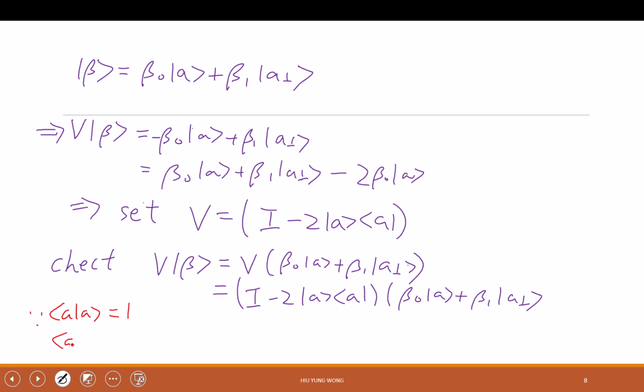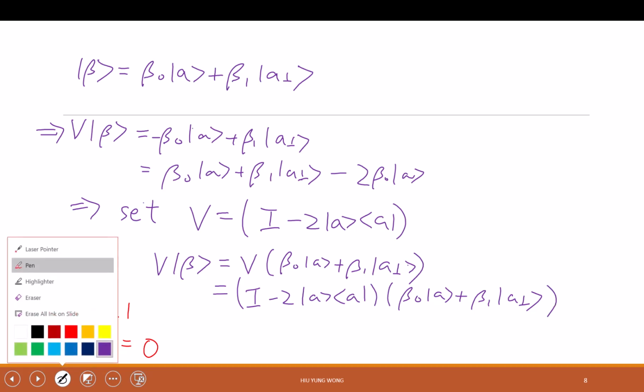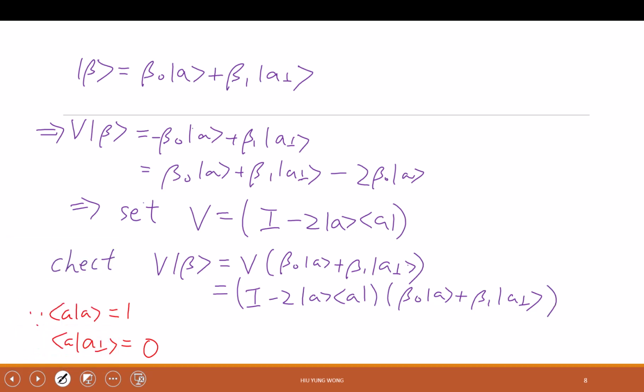What is A inner product A perpendicular? 0. So you see that I have a few terms here. First is just I times everything. Then I get beta 0 A plus beta 1 A perpendicular, right? This is the first term, I times the whole thing.